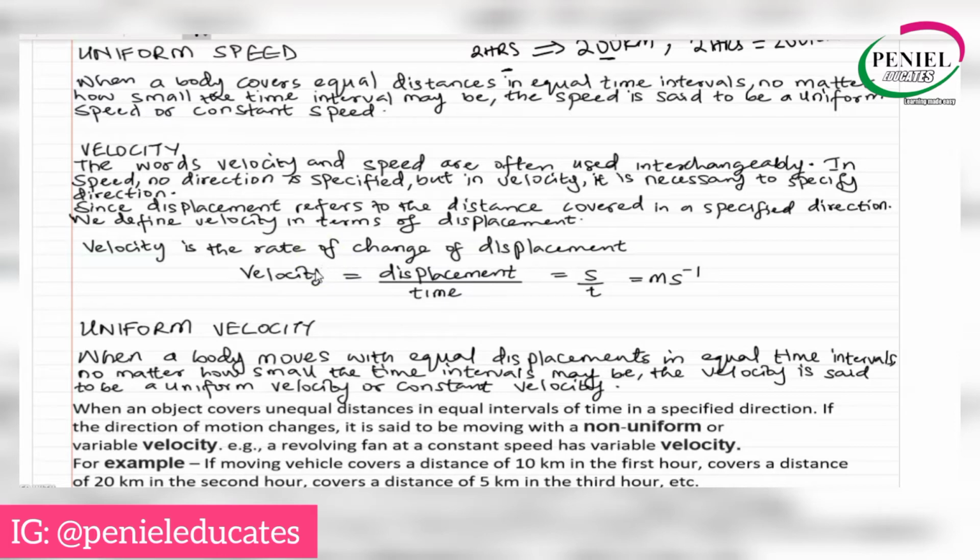Displacement refers to distance covered in a specified direction, and we have defined velocity in terms of displacement as the change of displacement with time. So velocity is also measured in meters per second.